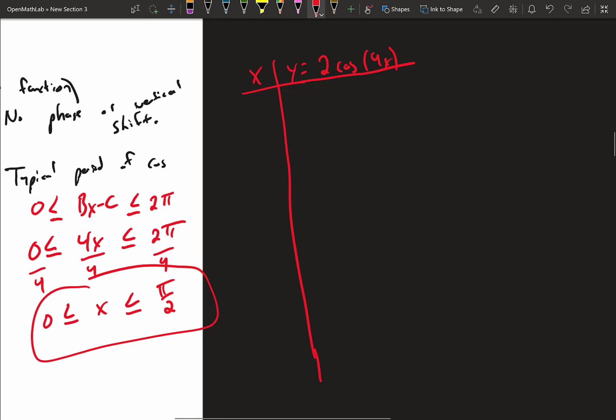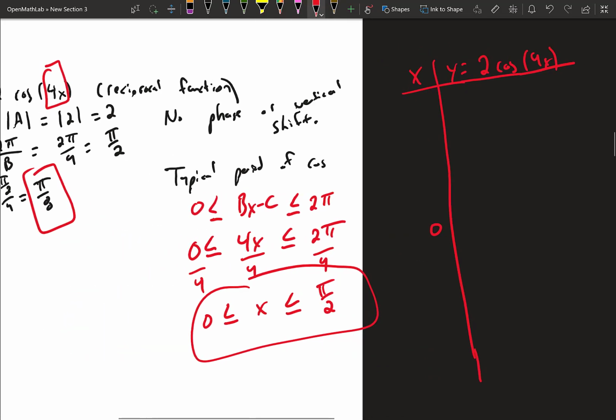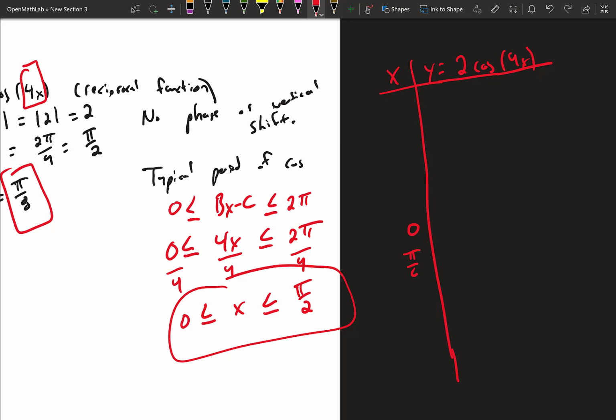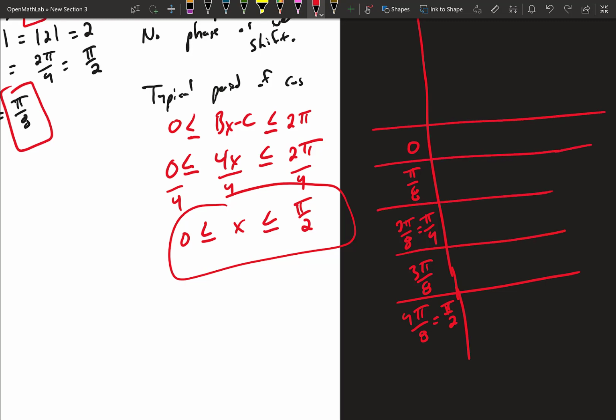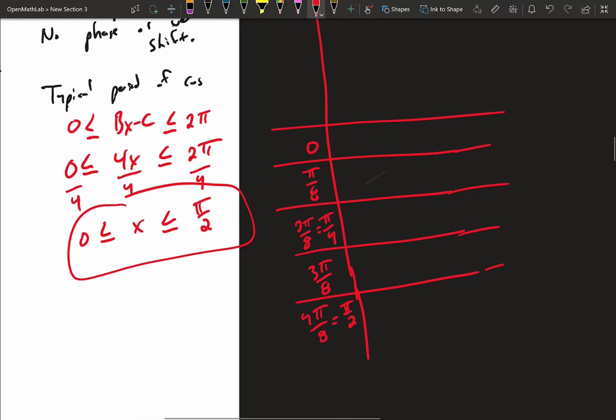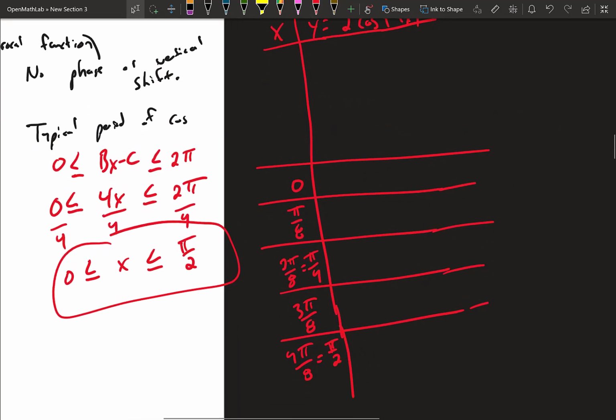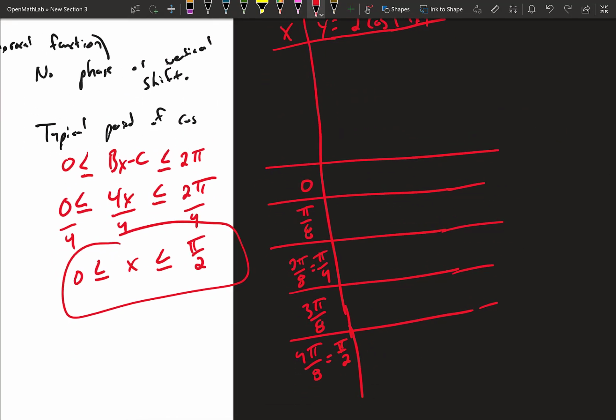So maybe I want to do 0, and then we'd have pi over 8, and then 2 pi over 8, which is equal to pi over 4, and then 3 pi over 8, and then next would be 4 pi over 8, which is pi over 2. Right? And then maybe I'll go the opposite way, the negative direction.